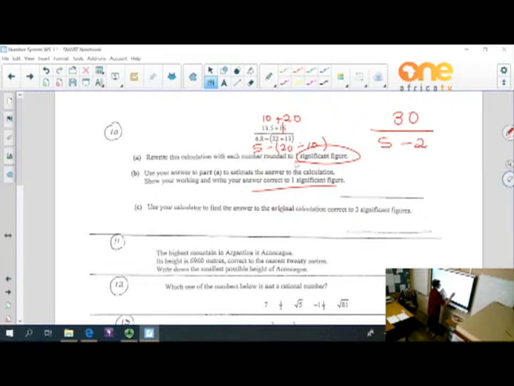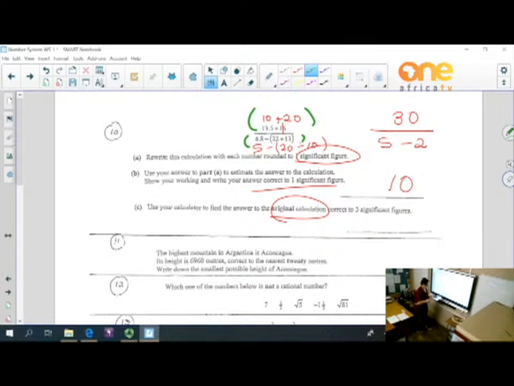So 30 divided by 3, and that will give us an estimated answer of 10. Then they say use your calculator to find the original calculation correct to 3 significant figures. It would be good if you could use extra brackets there, otherwise you're going to get wrong answers. And then we do it on our calculator.